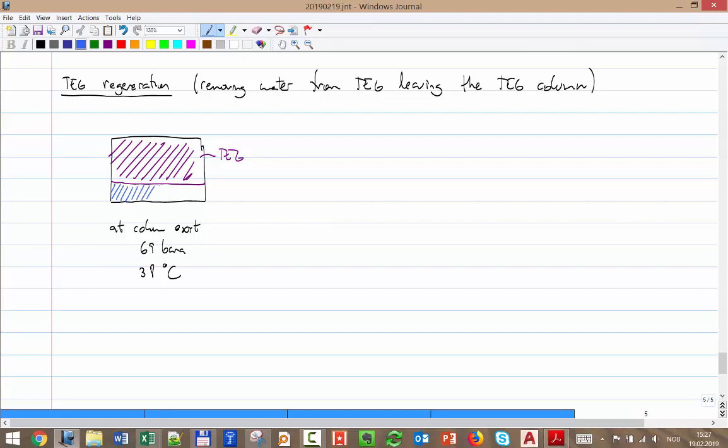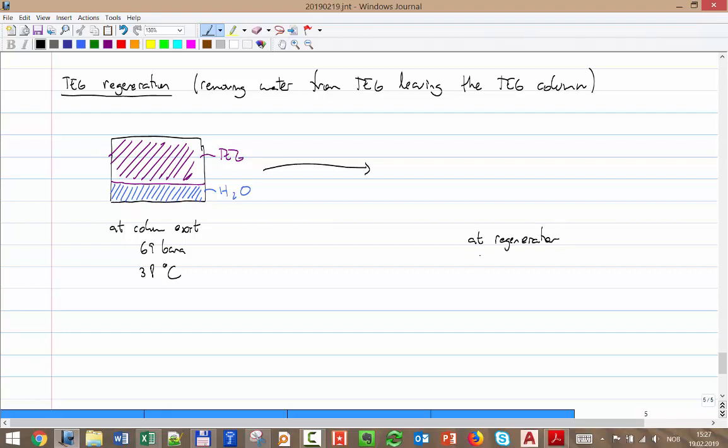Everything will be in the liquid phase. The main strategy is simply to warm up, to heat that up. So we have 2 processes. So now go to the regenerator.